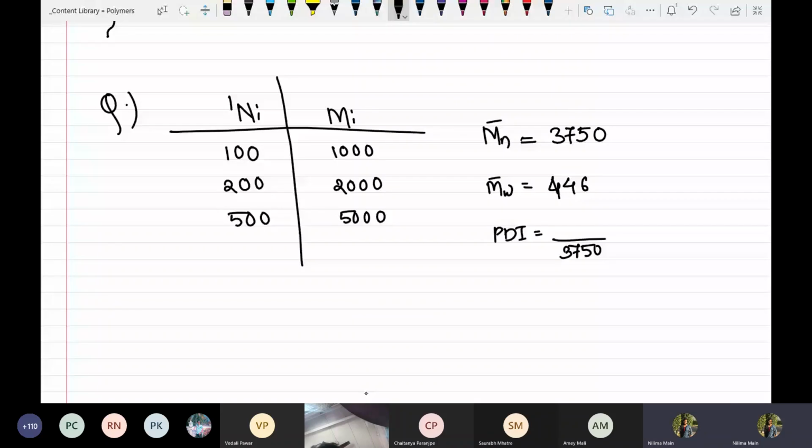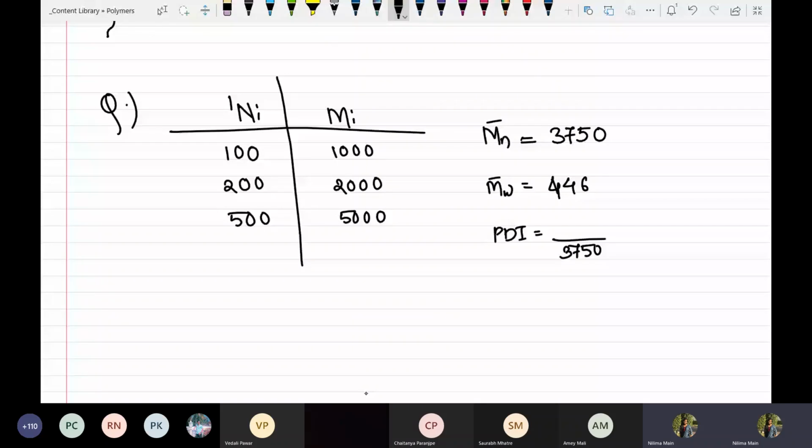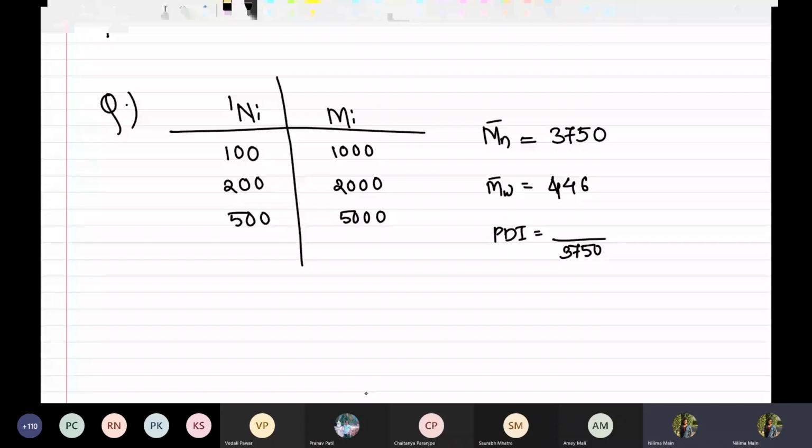Next problem. Second one that we are solving, write down: 100 molecules have molecular weight 100. 200 molecules have molecular weight 1000. 300 molecules have molecular weight 10,000.